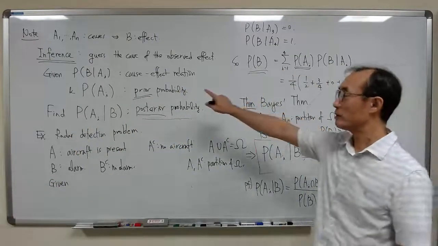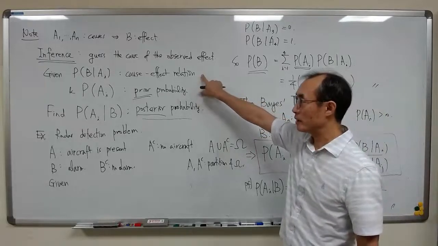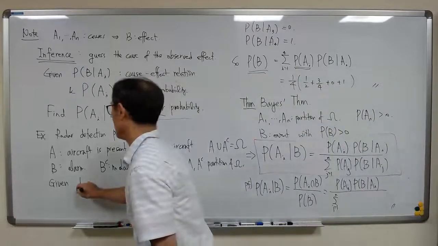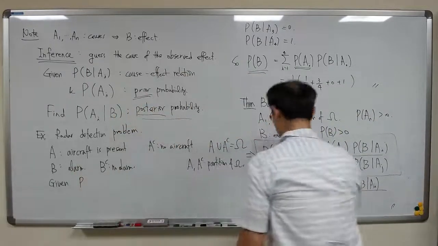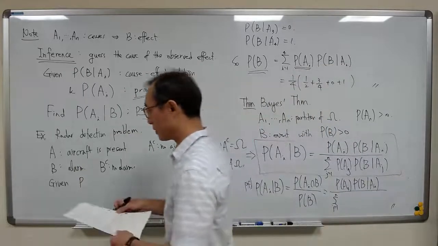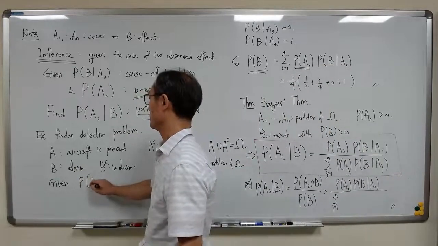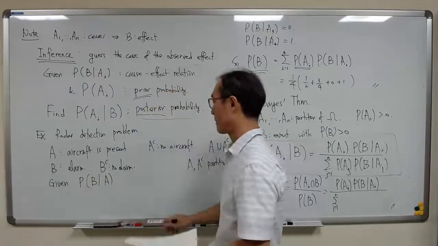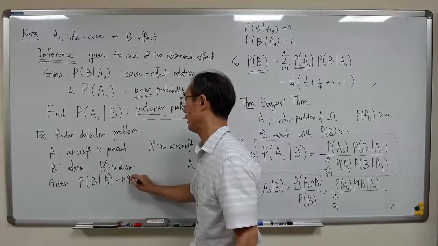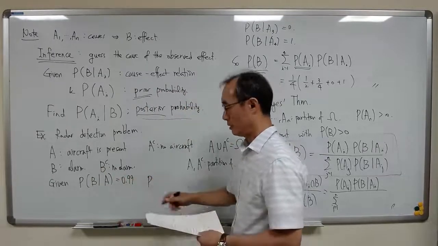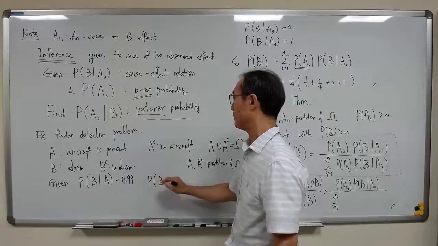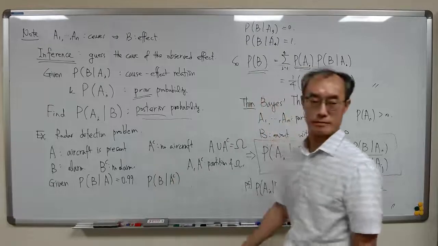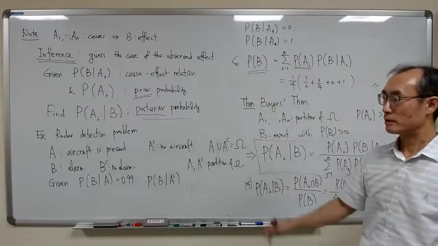And to apply the Bayes rule, we should be given the cause-effect relations and the prior probability. So the cause-effect probability will be given like this. The probability of alarm given the aircraft is present is 0.99. But there is also the probability of false alarm, the probability of alarm given no aircraft.